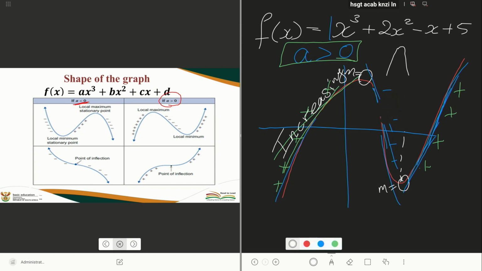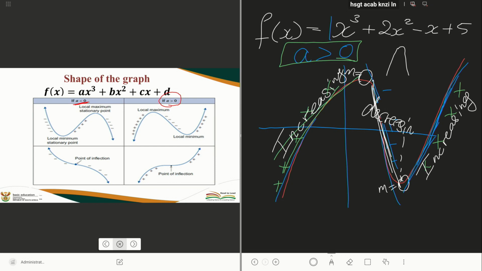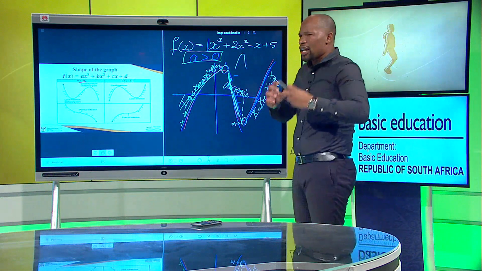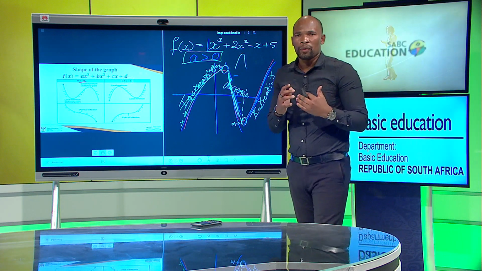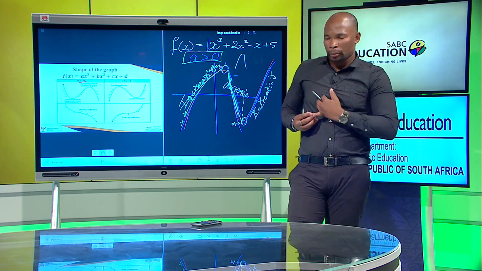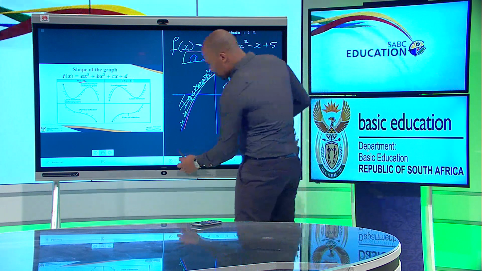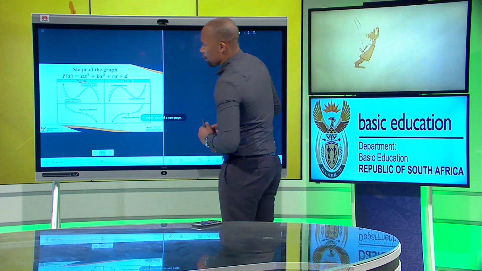All this part, my graph is decreasing. And then after the stationary point, I see my graph is going up, which is increasing. All right, I was just explaining what to expect when the value of a is like this, in order to have a correct graph when facing this question in an exam. All right, let's get some examples now.